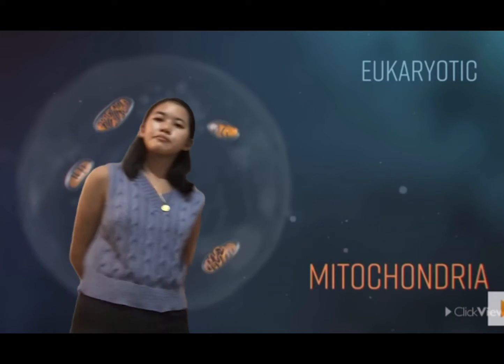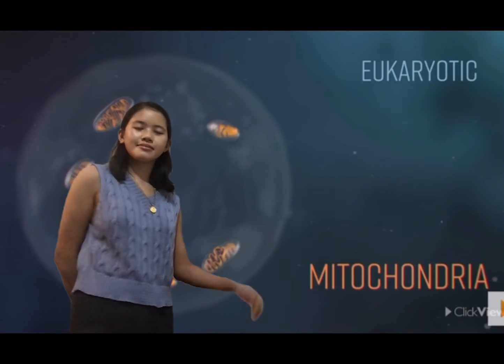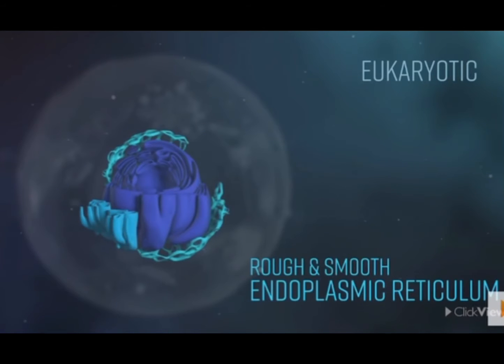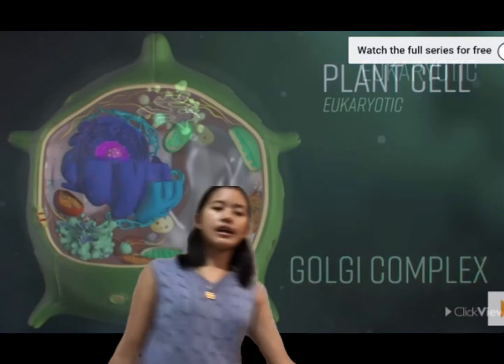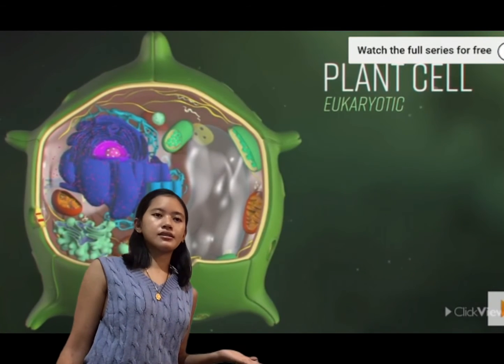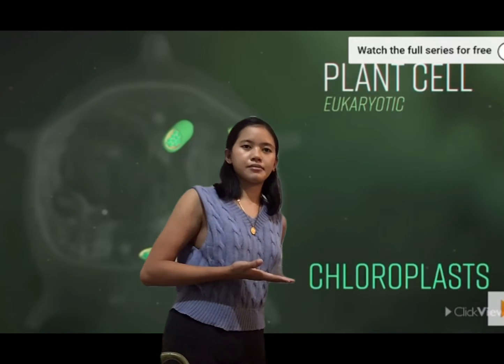This includes mitochondria, the rough and smooth endoplasmic reticulum, Golgi complex, and in the case of plants, the chloroplast.